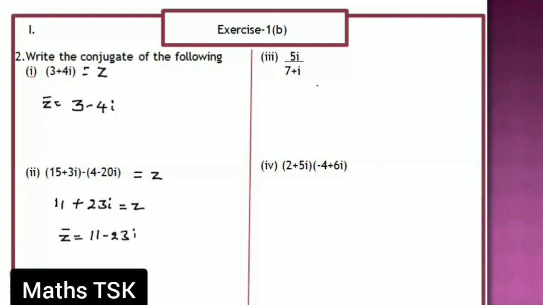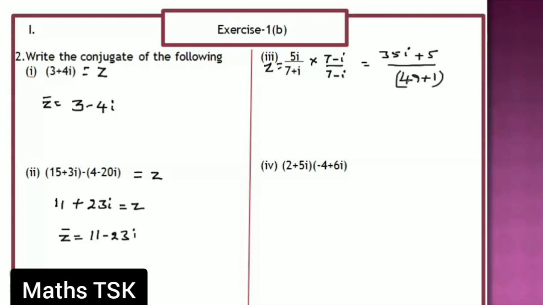Right. This, I consider this as z. Z is equal to this. Multiply and divide with 7 minus i. First of all, convert it in the form of a plus ib. So there is 35i plus 5, 5i square, minus 5i square is plus 5, by 49 plus 1.